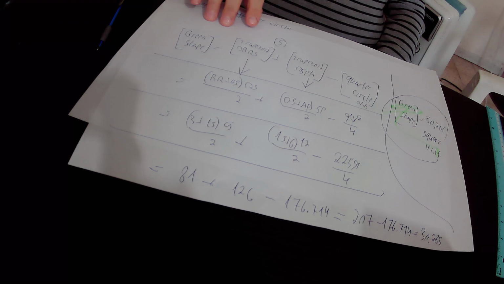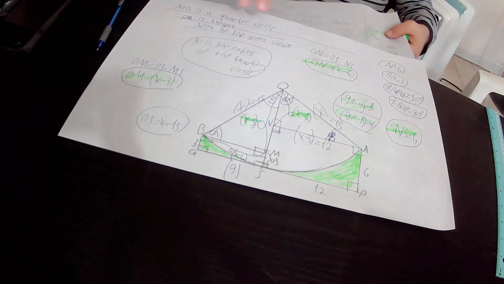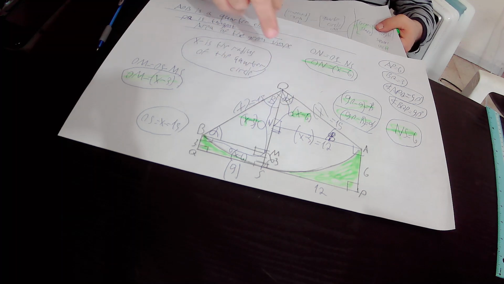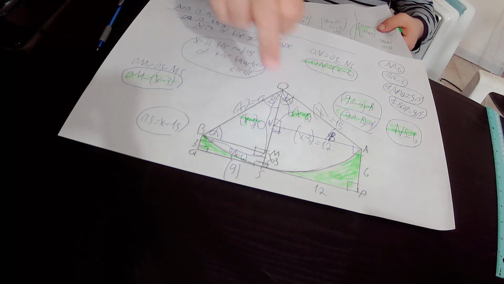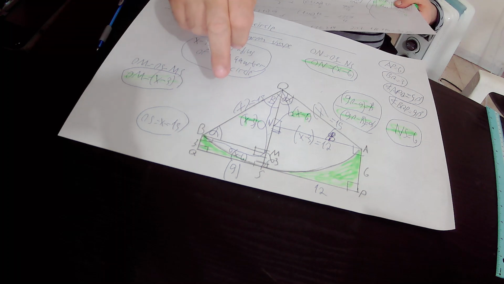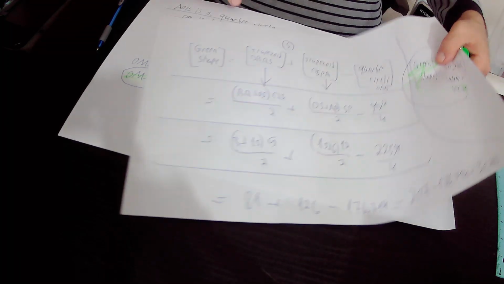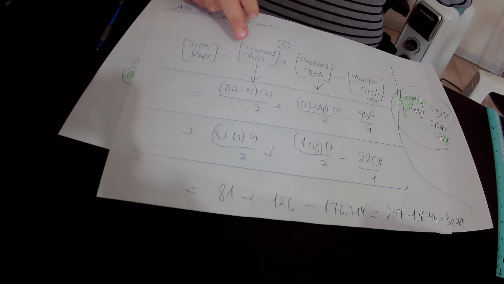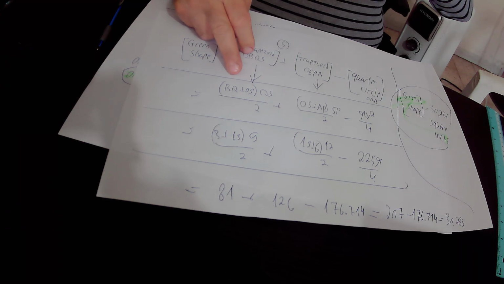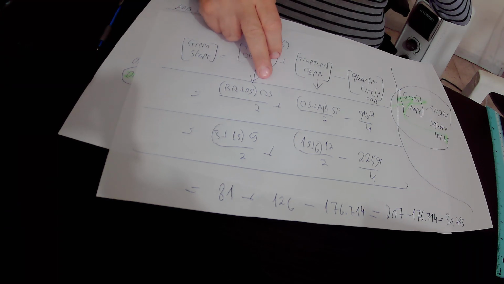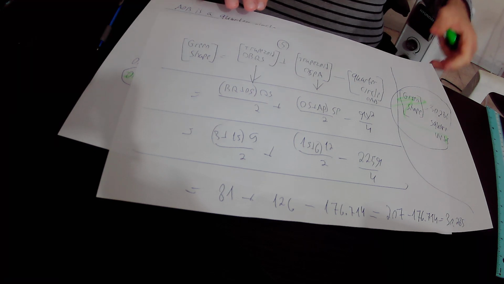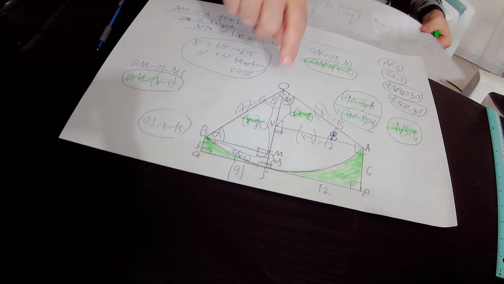So what is the area of trapezoid OBQS? The area of trapezoid OBQS equals the sum of its bases, that is OS plus BQ, times the height, that is QS, over 2. Plus the area of trapezoid OSPA.